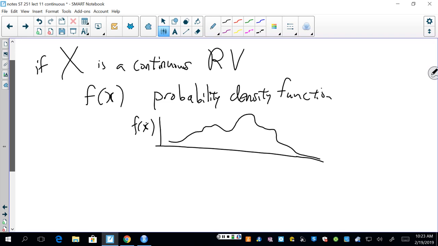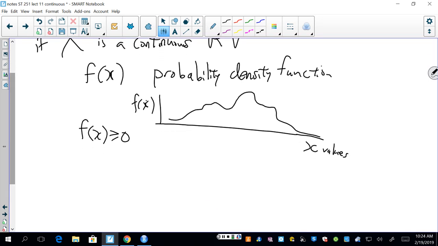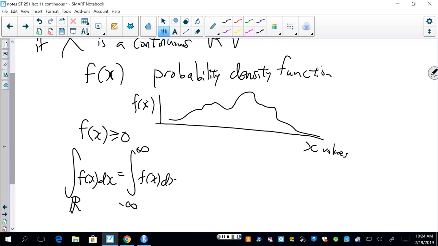And it is a probability density function if, so these are the values that we might see over kind of continuous range, the densities have to be greater than or equal to 0. And if this describes probability, the integral over the whole real line, which is negative infinity to positive infinity, of f of x dx is 1.